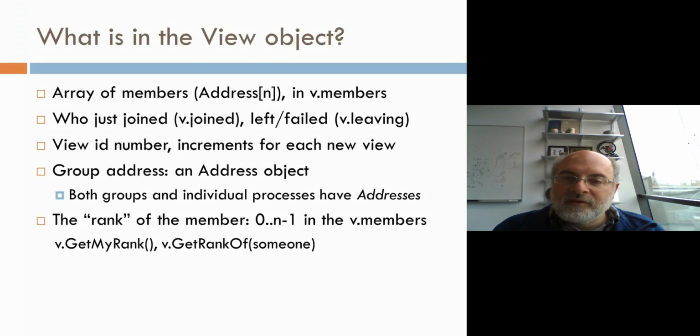It would be v.members.length. Who just joined, v.joined. Who just left, v.leaving. And the ID number, which is going to be sequential from 0, and it's going to increment for each new view. The group address, which will be an address object, and the rank of each member can be computed by calling v.getMyRank or v.getRankOf. You see?